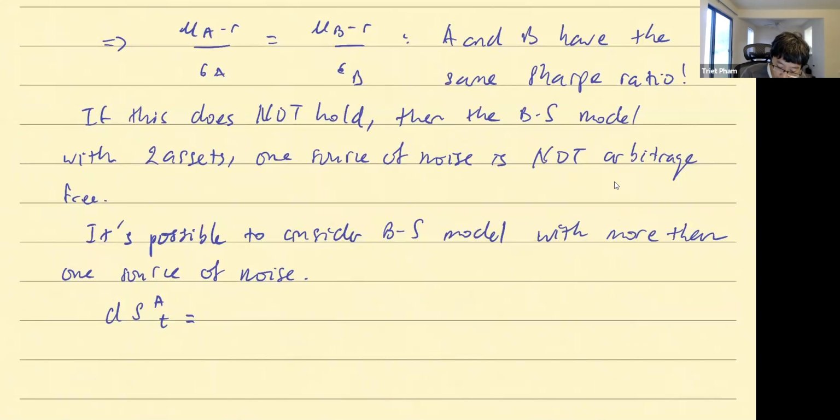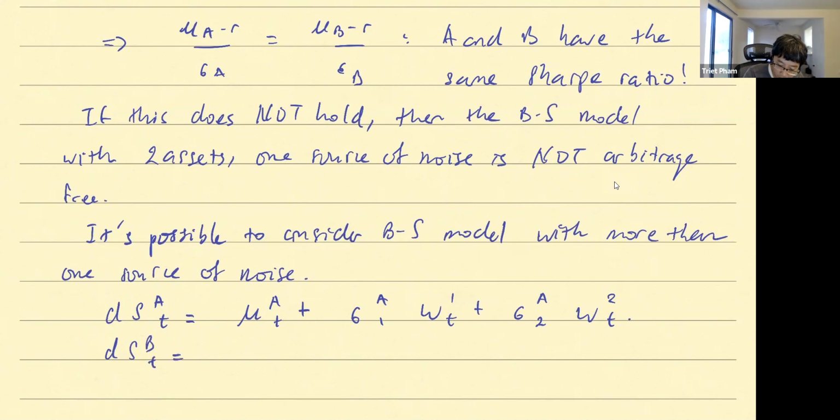So dS_A, let's say, is mu_A S_A dt plus sigma_A1 S_A dW1(t) plus sigma_A2 S_A dW2(t). Okay, and let's also do the second one.